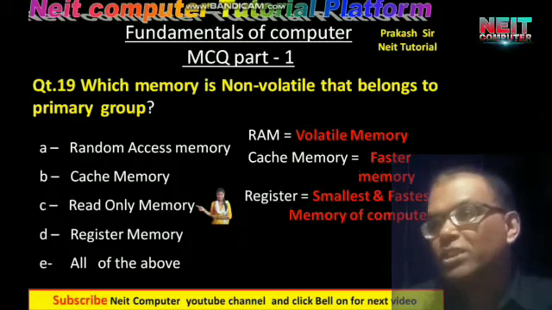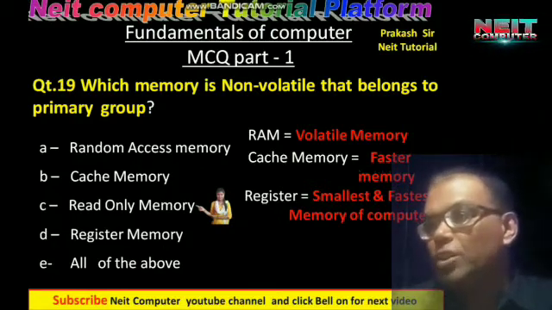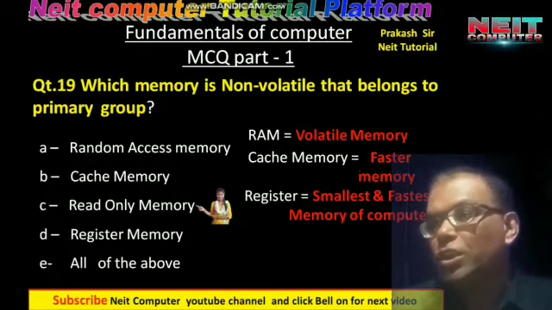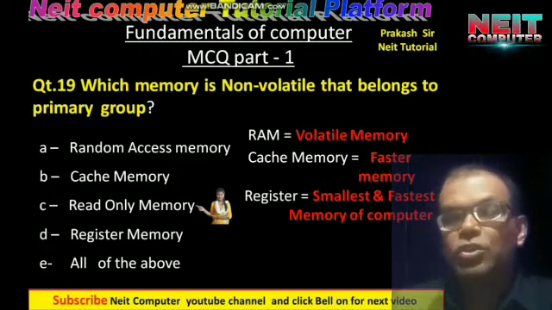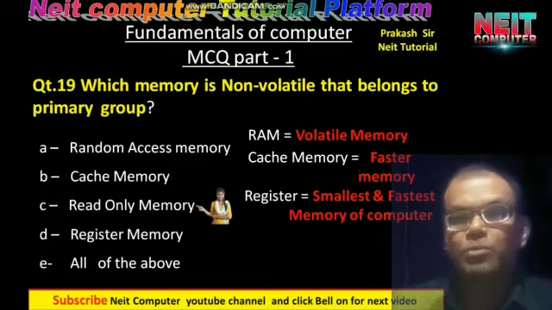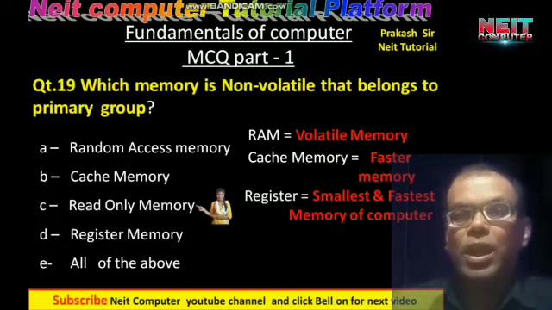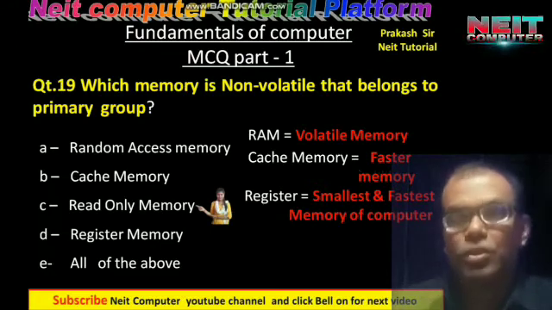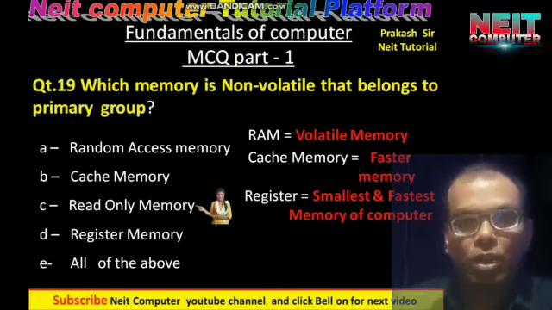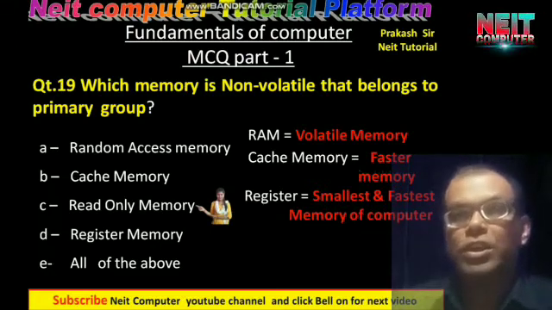Cache memory is a faster memory, and register memory is the smallest and fastest memory of a computer. The programs of read-only memory are already available and permanent, not lost after switching off the computer. So ROM, read-only memory, is the correct answer.